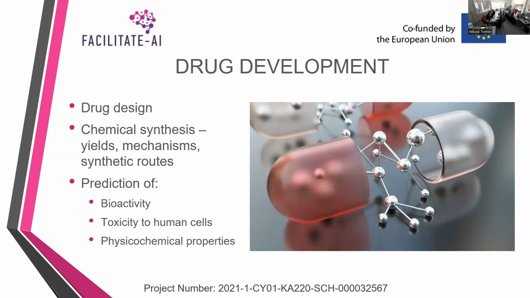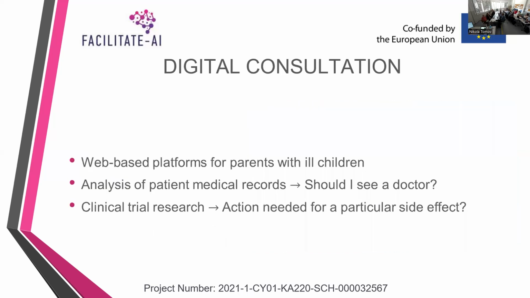Of course, one of AI's purposes is to predict stuff. And in medicine, it can predict the bioactivity of a certain drug, its toxicity to human cells, and its physical chemical properties, all of which are very important for any drug that's going on the market for any purpose, really.